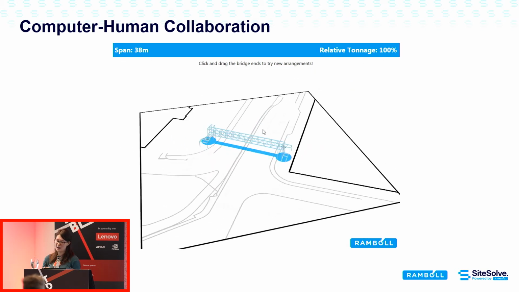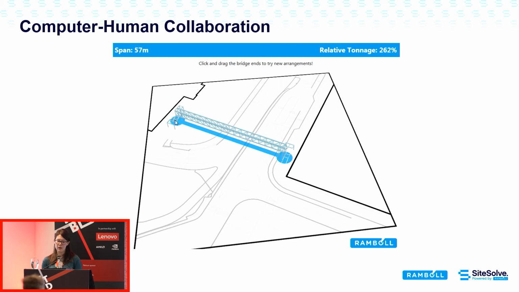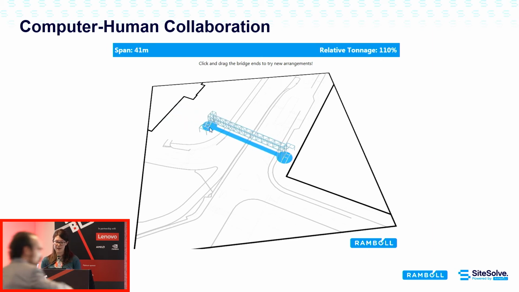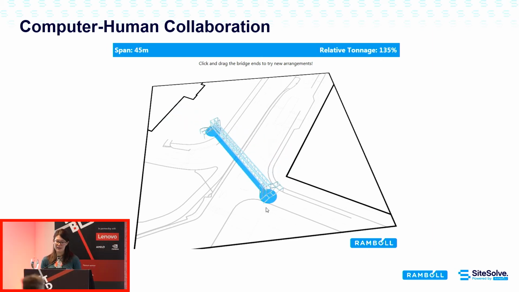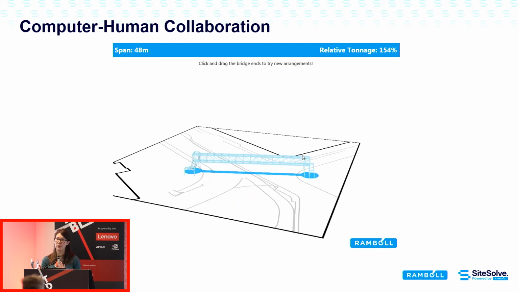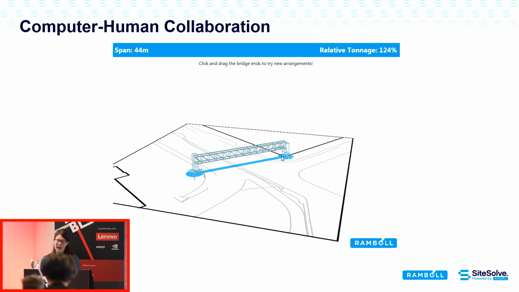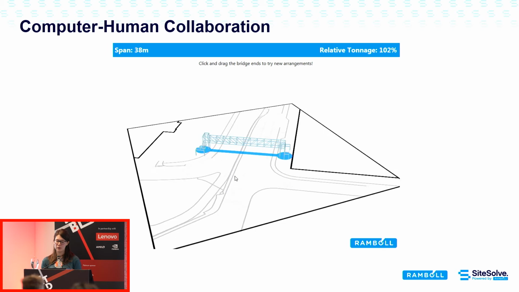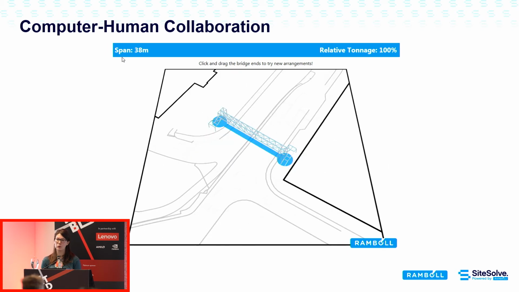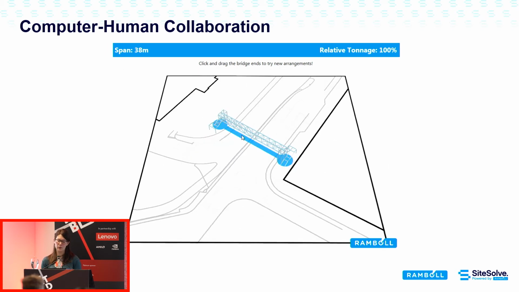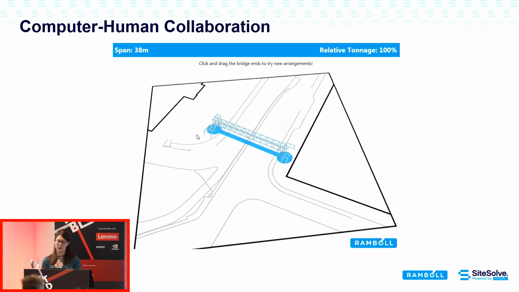So this is a little app that was created once at Ramboll, which was just of a little bridge, as you can see here. What it allowed the user to do was to push and pull the ends of the bridge. It allowed them to see where was the best place to put it, but also very instantly see the impact on the structural implications for the bridge and the element sizing.